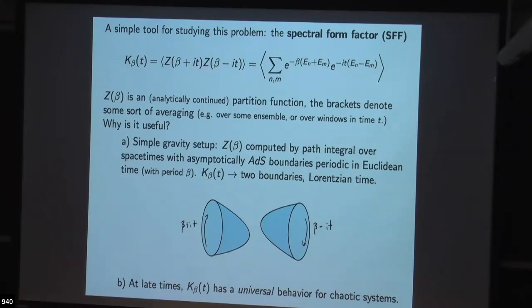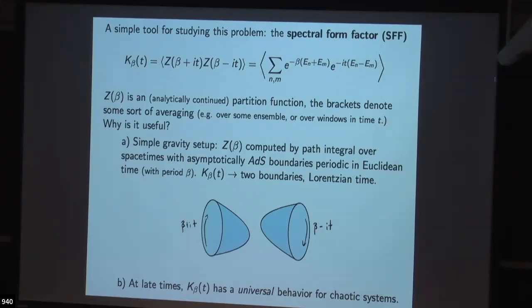So why are we studying this spectral form factor? Well, first of all, we can see that it depends on just the energy levels of the system. The late time behavior depends on the small differences between nearby energies, so it's sensitive to the statistics of nearby energy levels. In gravity, Z(β) is a pretty simple thing to set up using the gravity path integral.